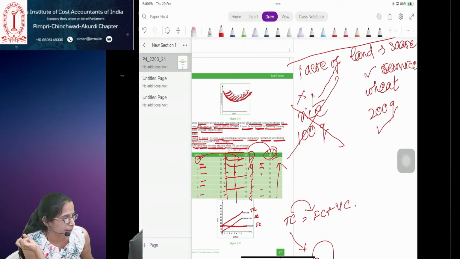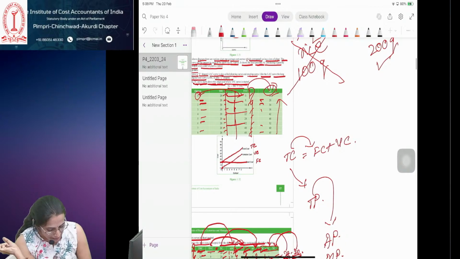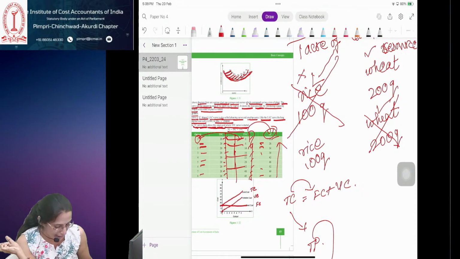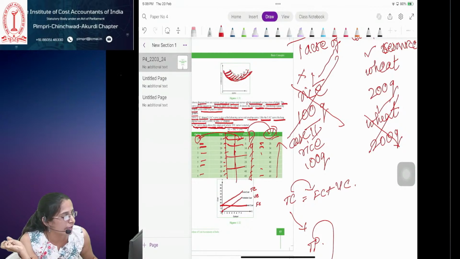I understand, ma'am. And suppose I produce 100 quintals of rice, what is the opportunity cost of rice, Shraddha? What did I not produce in this case? For producing 100 quintals of rice, what did I not produce on that 1 acre of land? Wheat, 200 quintals, I did not produce.